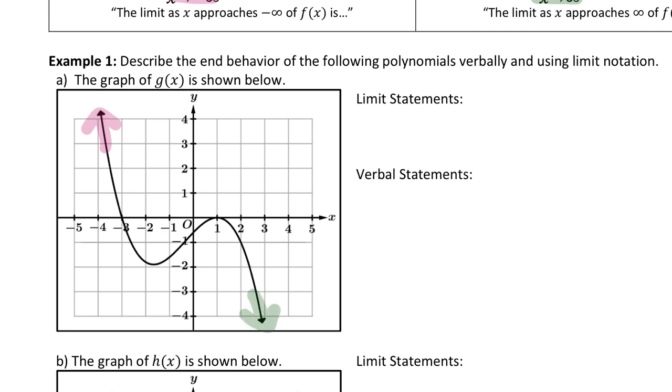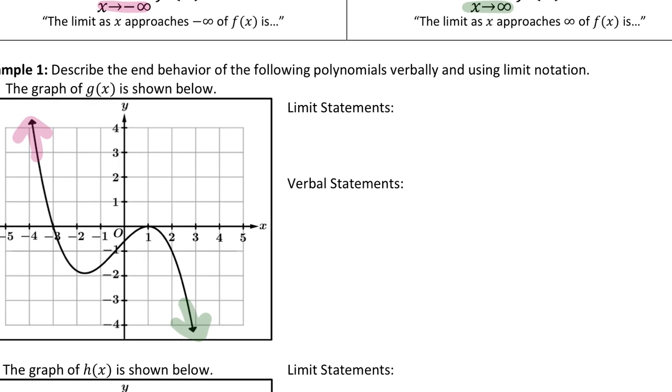Pretty simply, if this was a graph before you knew limit statements, you would have told me that this goes up, down. Yes? Cool. The limit statements are literally just a fancy way of talking about that. For the left side end behavior, we would say the limit as x approaches negative infinity for the function, this one's named g of x, is equal to positive infinity.